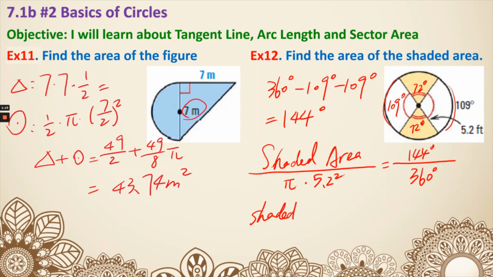To calculate it, I multiply both sides by pi times 5.2 squared. On the left side, they're going to be gone. So I just need to calculate my right side, which gives me 33.98. We have a unit of feet, so it's going to be feet squared. That is everything for 7.1b. Thank you.